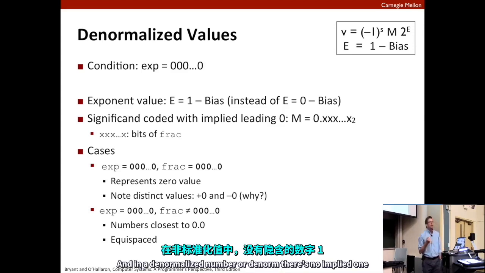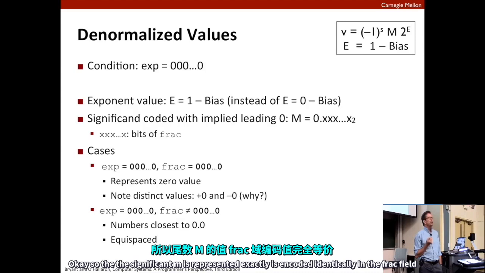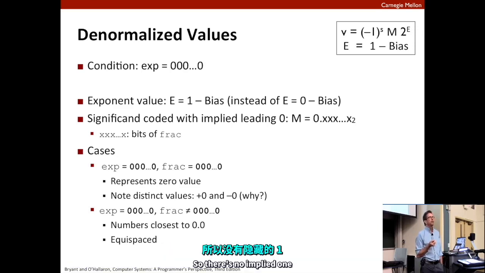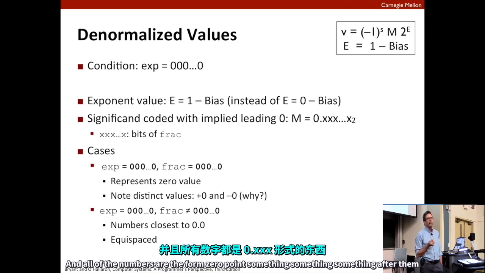And in a denormalized number, or denorm, there's no implied 1. So the significand M is encoded identically in the frac field. There's no implied 1, and all of the numbers are of the form 0 point something something something.